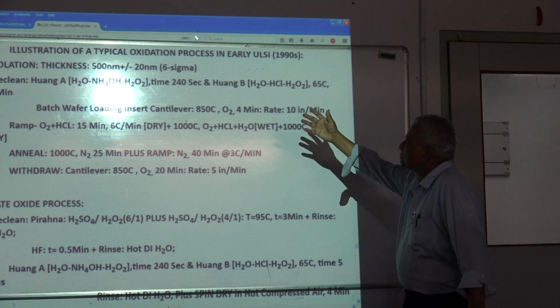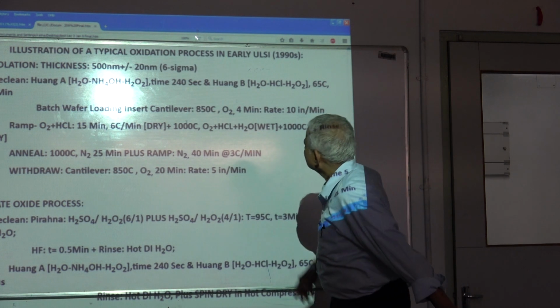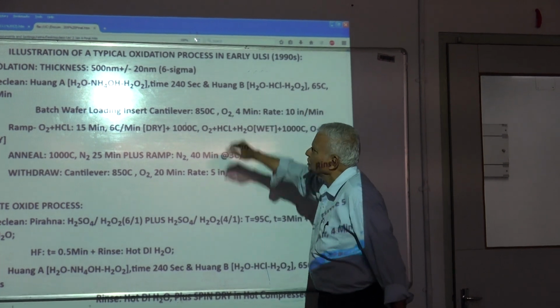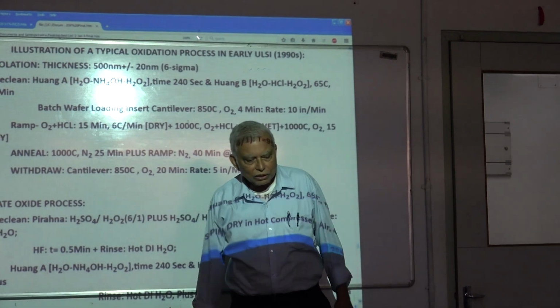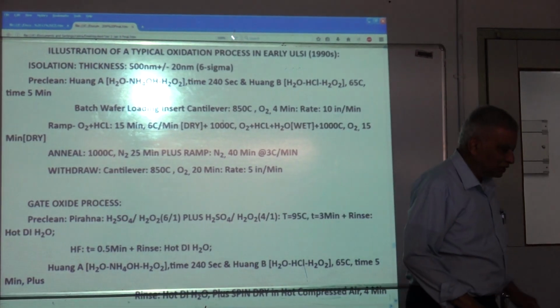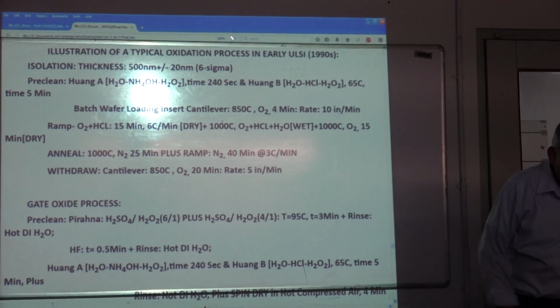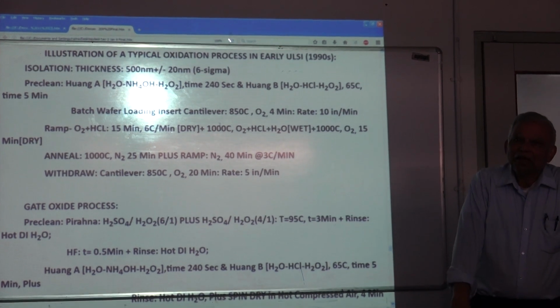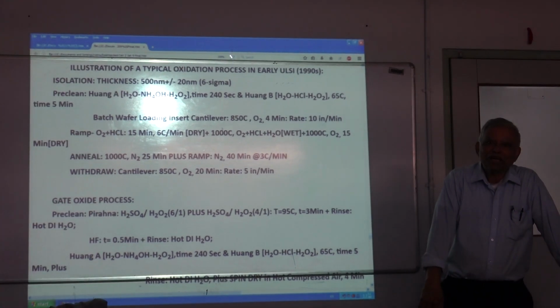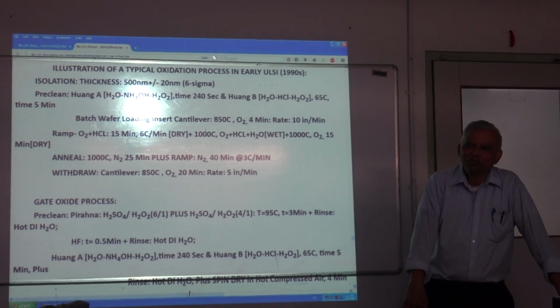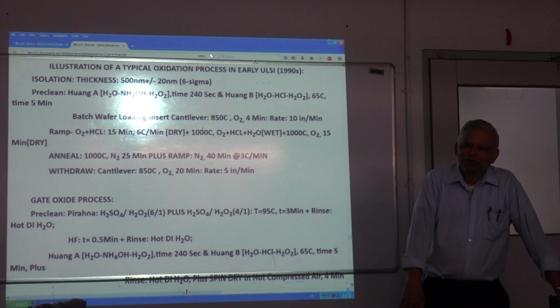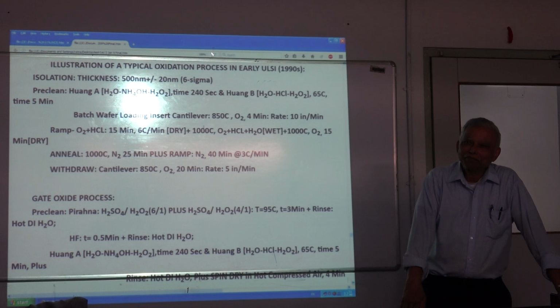Okay, here is a typical oxidation process in the 1990s, early days. As I walk through some of this processing, I may throw in some examples. This is a bit of a challenge to you, and to Partho and Amritashish.